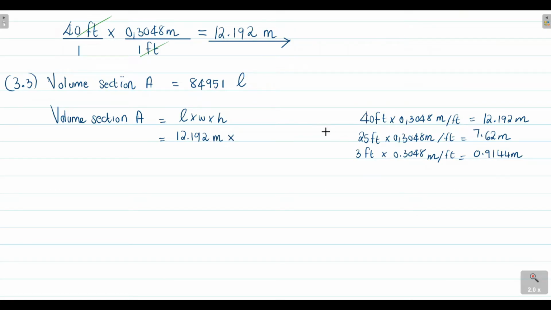So 12.192 multiplied by 7.62 meters multiplied by 0.9144 meters. If you punch it into your calculator, you'll find that the volume of section A of the pool is 84.95053978 meters cubed, because you've got meter times meter times meter, so it's meters cubed.